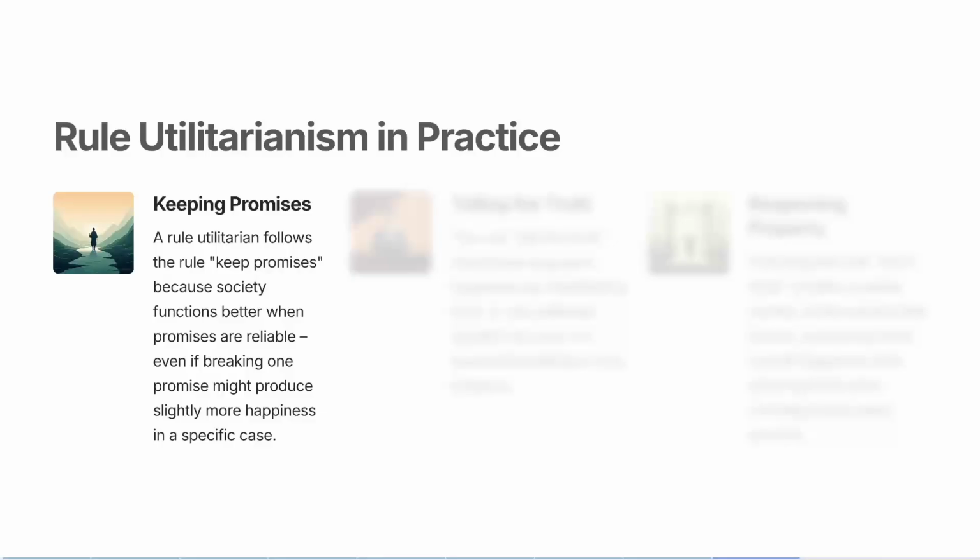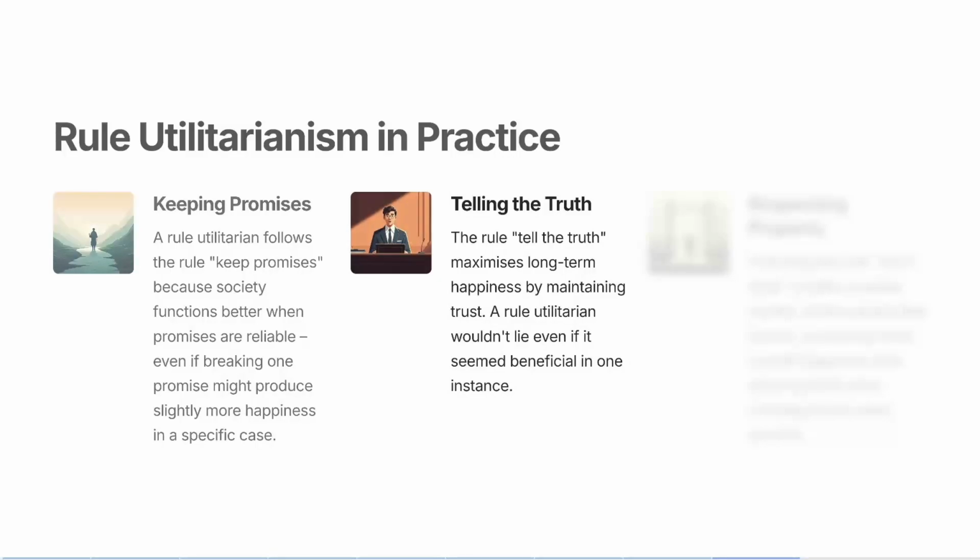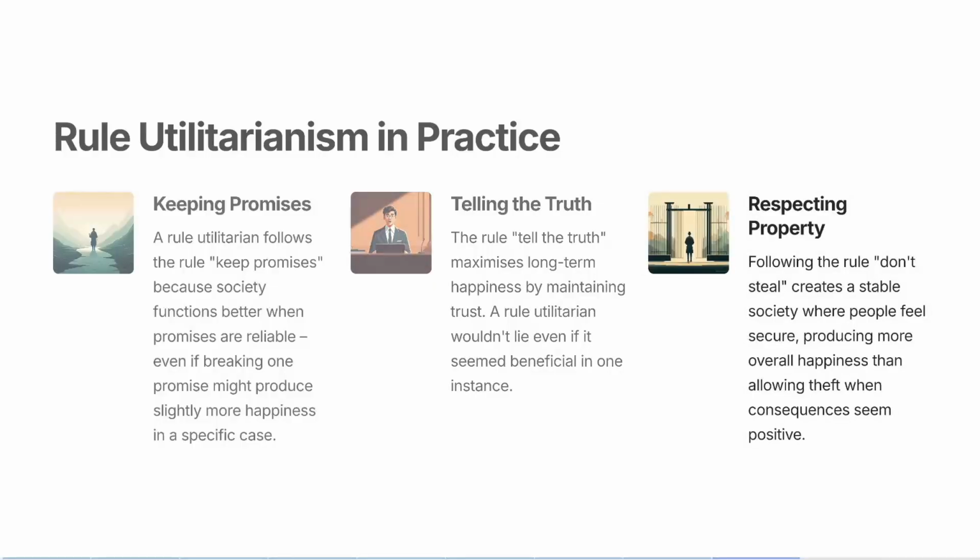So even if breaking one promise for one person might produce a little bit of happiness in a specific case, it's not going to bring about the overall happiness. If you think about telling the truth, it maximizes long-term happiness because you're maintaining trust, perhaps in an organization or in a system. A rule utilitarian wouldn't lie even if it seemed beneficial for one person.